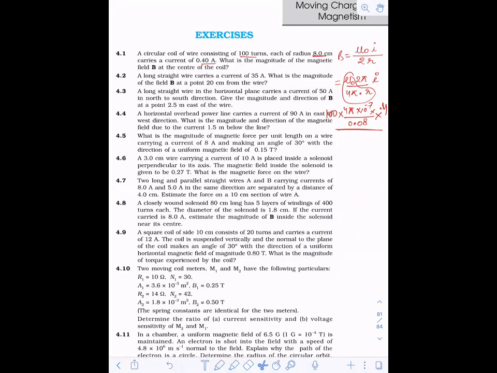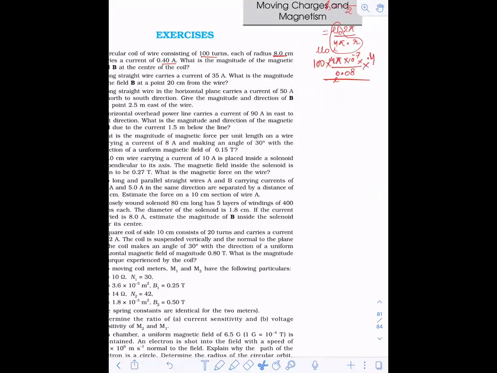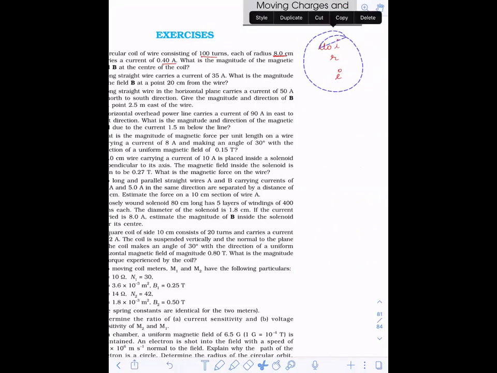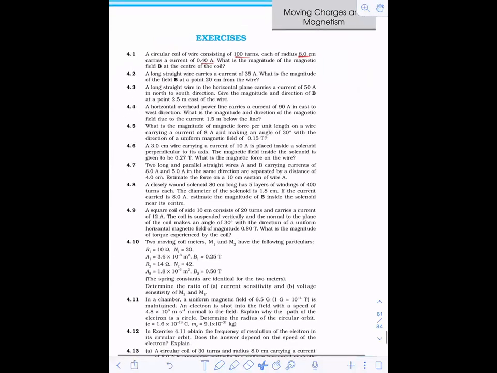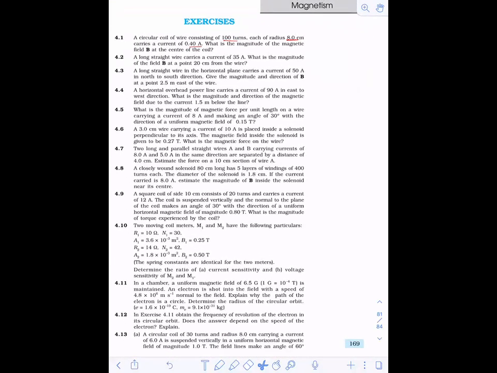Okay, so read question number 2. A long straight wire carries a current of 35 ampere.